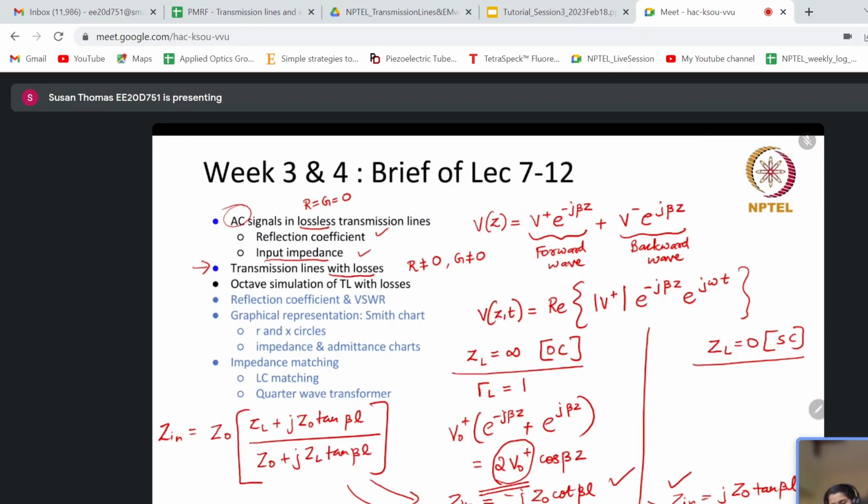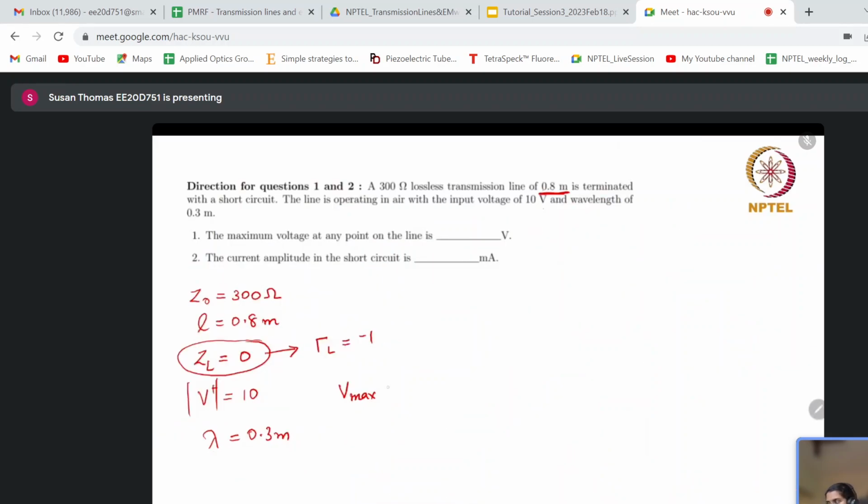As we discussed a few minutes back, if gamma L is equal to minus 1, the maximum voltage can be written as V plus into 1 plus mod gamma L. So V plus into 1 plus modulus of minus 1, that will be 2V plus. We know that V plus is 10, so the maximum voltage will be 20 volt.